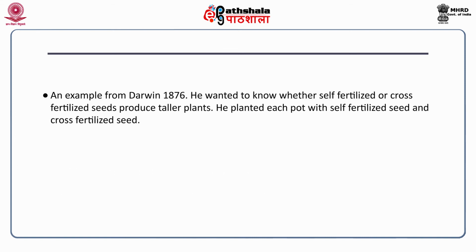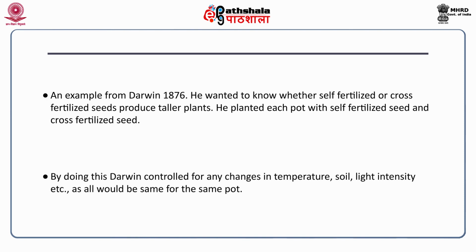Let us consider one example from Darwin's 1876 results. He wanted to know whether self-fertilized or cross-fertilized seeds produce taller plants. He planted each pot with self-fertilized seed and cross-fertilized seed. By doing this, Darwin controlled for any changes in temperature, soil, light intensity and so on, as all would be the same for each pot.